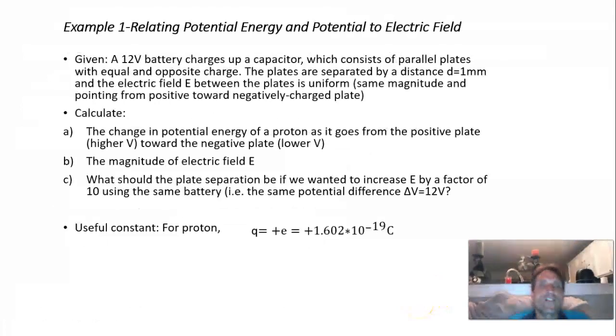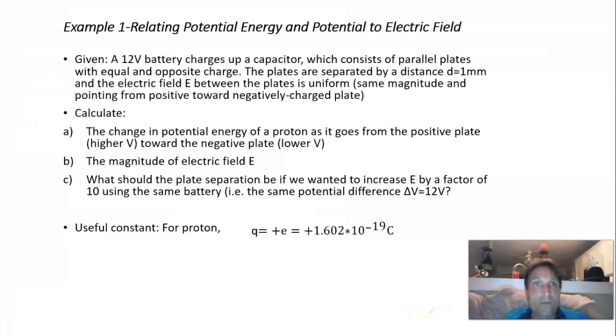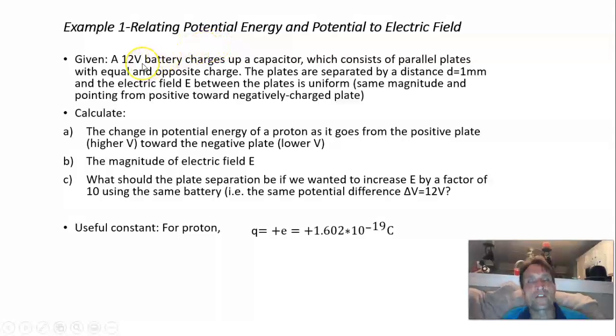So let's do an example here. Suppose that we have a 12-volt battery, meaning that the positive terminal is at a potential 12 volts more positive than the negative terminal. This is a car battery, 12 volts, as one example. Suppose this battery charges up a capacitor, so it puts equal amounts of positive and negative charge on these two parallel plates.